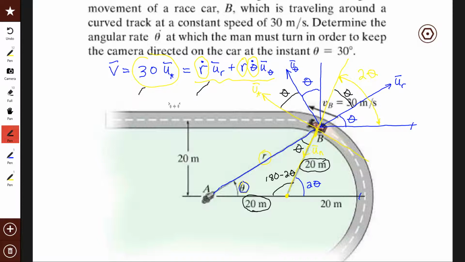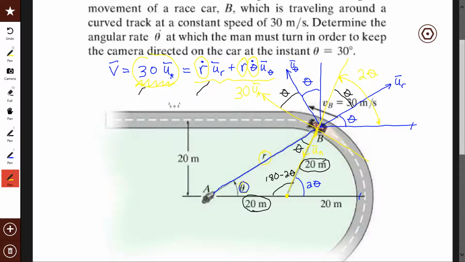Okay, so what I know is that this yellow one here has a length of 30. So this vector here is 30 UT. And what I'm going to do is break that down into the directions of UR and U theta. So what I'm looking for is this.